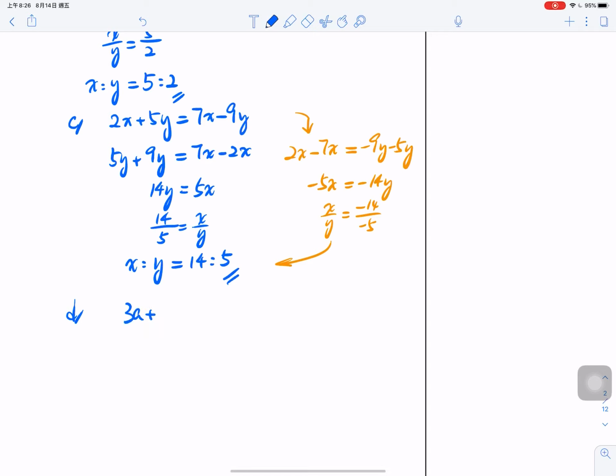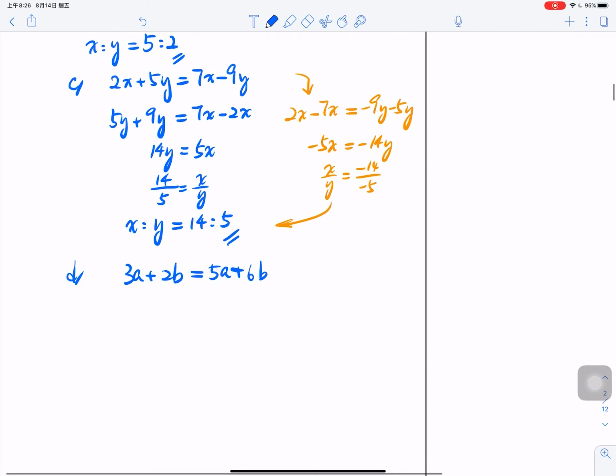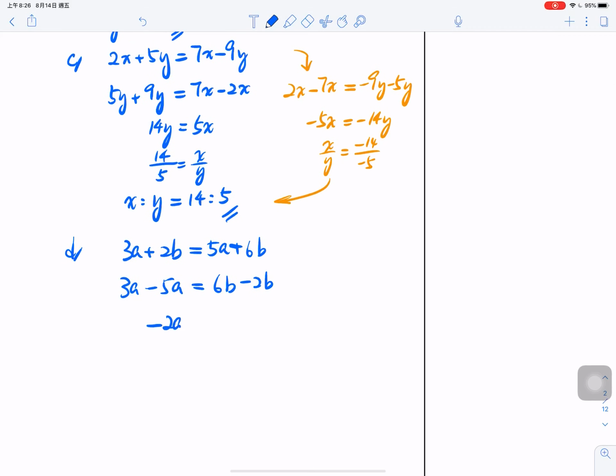Part D. 3a plus 2b equals 5a plus 6b. Okay? So here 3a minus 5a equals 6b minus 2b. Here, negative 2a equals 4b. Yeah.